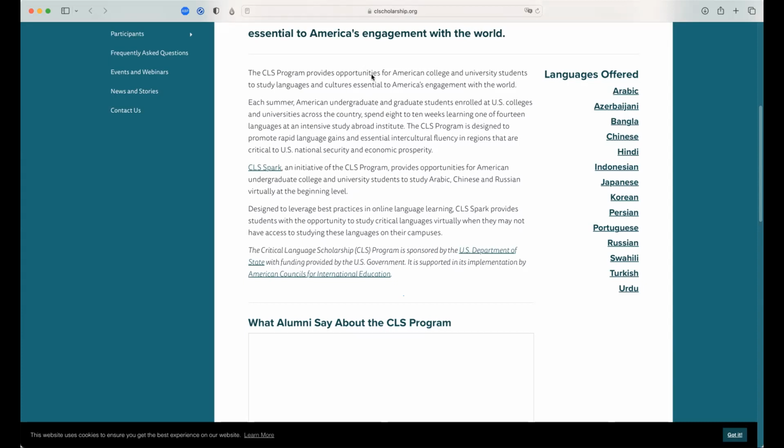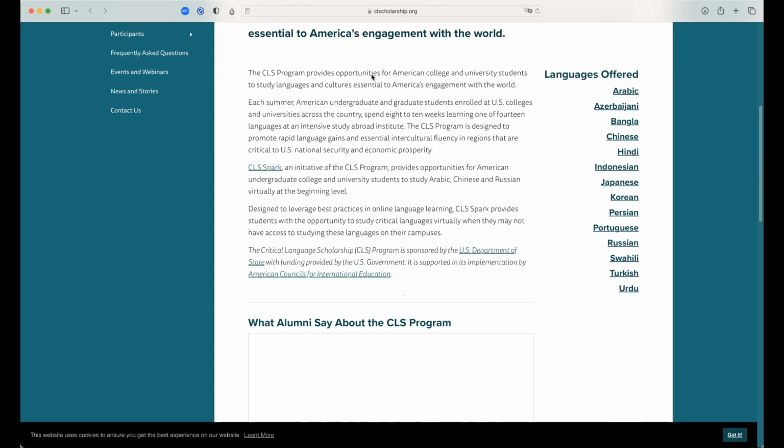Azerbaijani, that's more of a regional one. Bangla, as in Bangladesh. Chinese, both Mandarin and Cantonese. Hindi, Indonesian, Japanese, Korean, Persian, Portuguese, Russian, Swahili, Turkish, and Urdu.